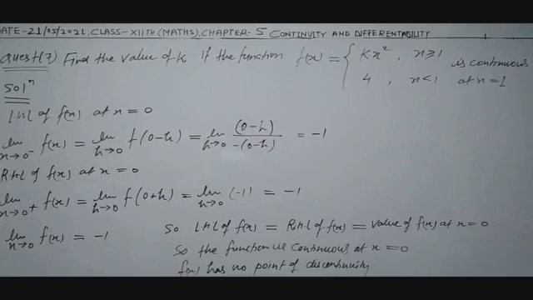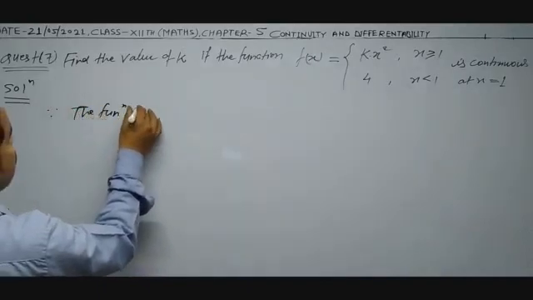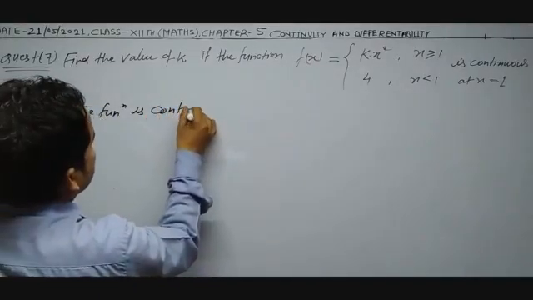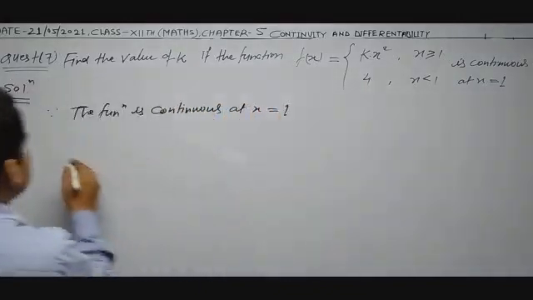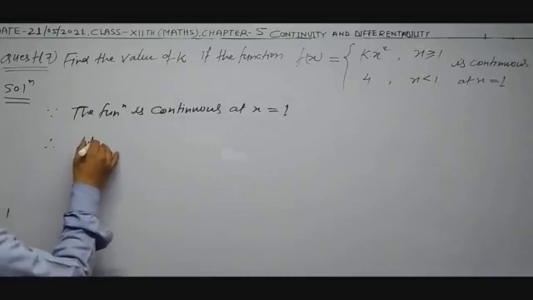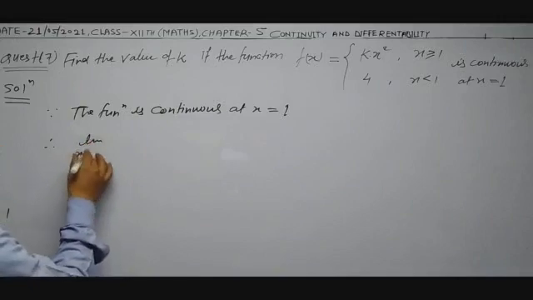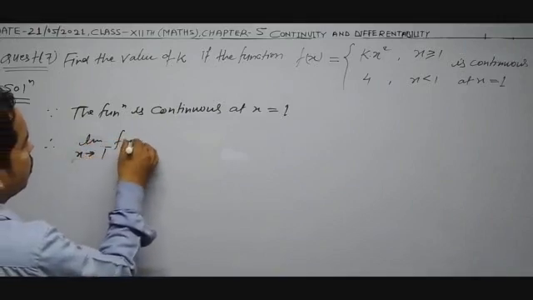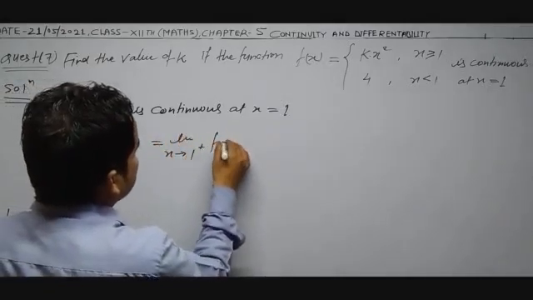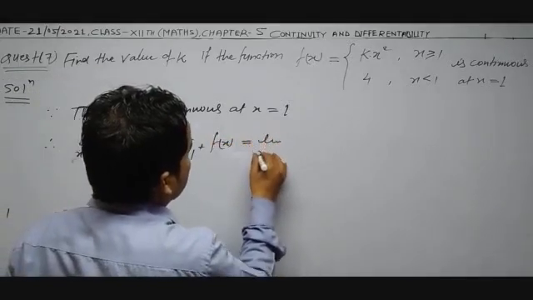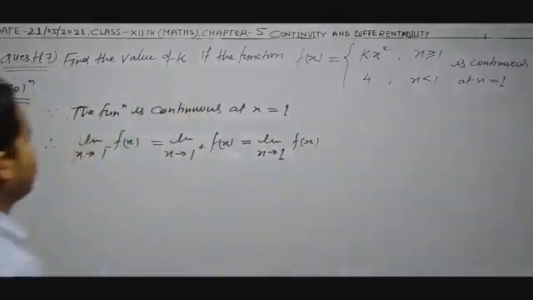See, since the function is continuous at x equals 1, therefore limit x tends to 1 minus f(x) will be equal to limit x tends to 1 plus f(x), which will be equal to f(1).